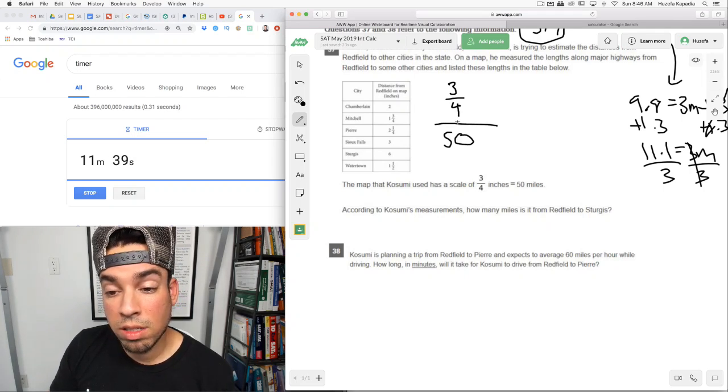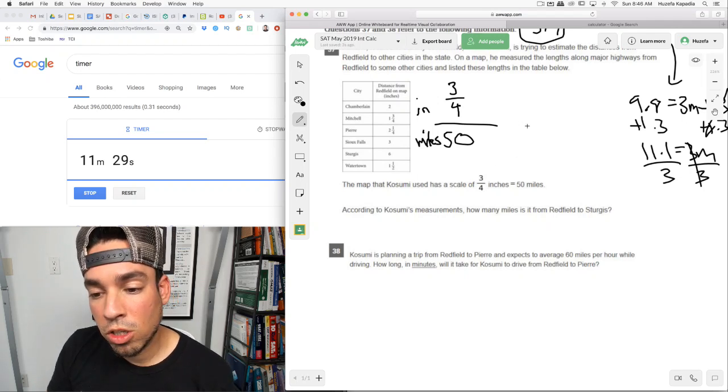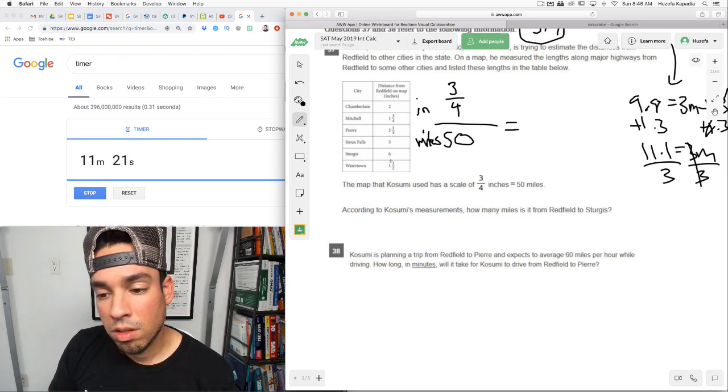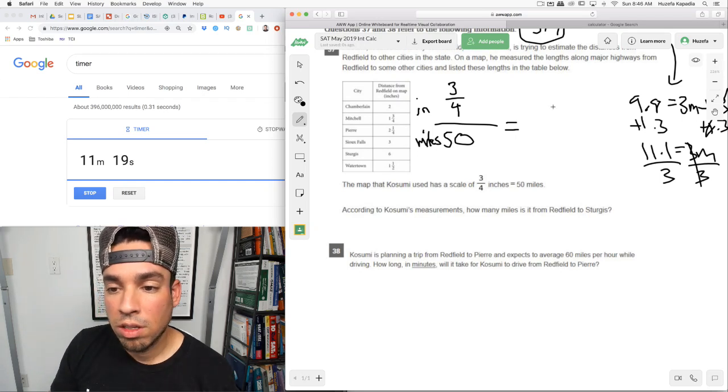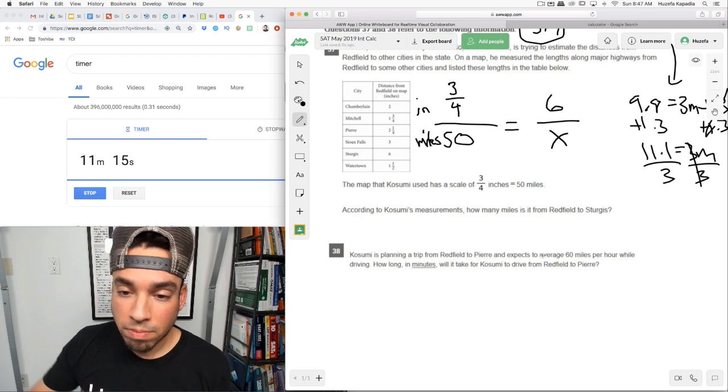I know this is crazy to set up a fraction on a fraction, but just bear with me because I think this is going to be the best way to play this one. According to his measurements, how many miles is it from Redfield to Sturgis? Here's Redfield. And this is inches, so it's 6 inches, and we want to know the miles, aka x.